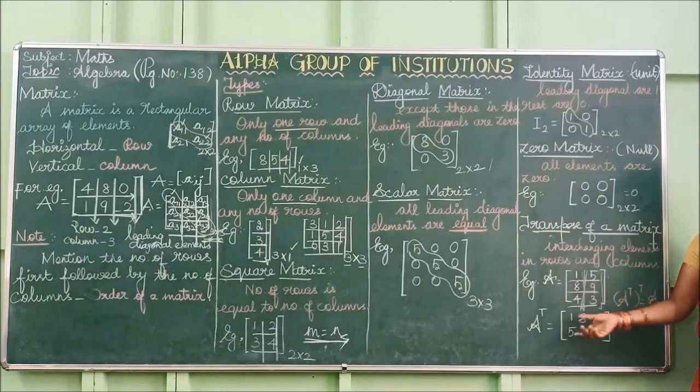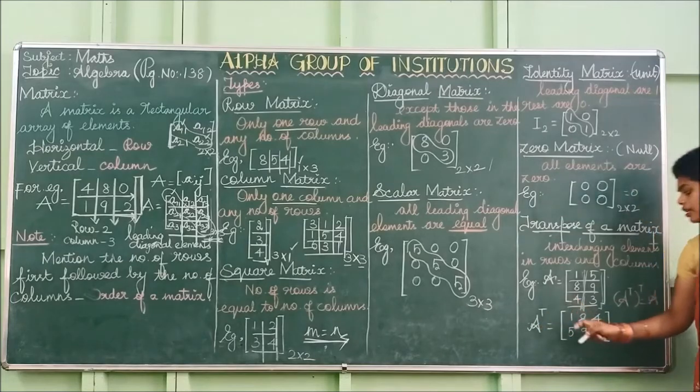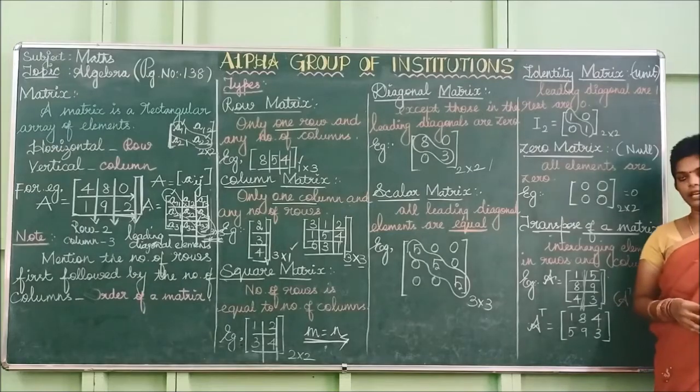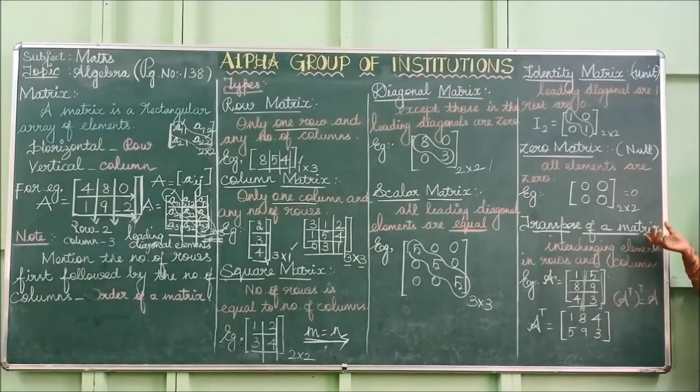So for A, you are finding A transpose. Now if you transfer that again, this row will be changed into a column as 1, 8, 4 and this row also changed into a column 5, 9, 3. So if you take A transpose whole transpose, you again get the same value as A. The transpose matrix is nothing but interchanging the elements in rows and columns.